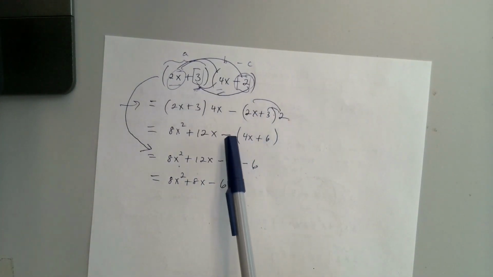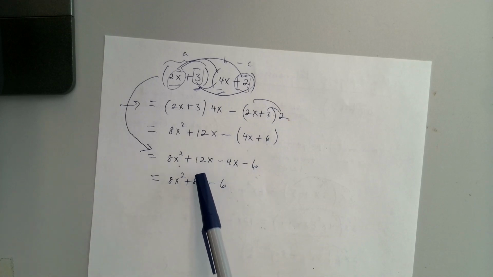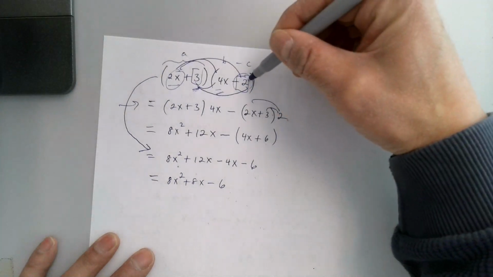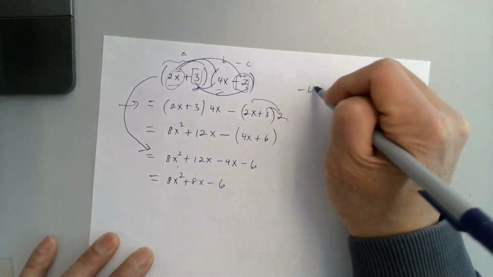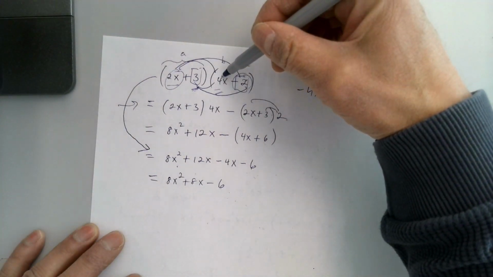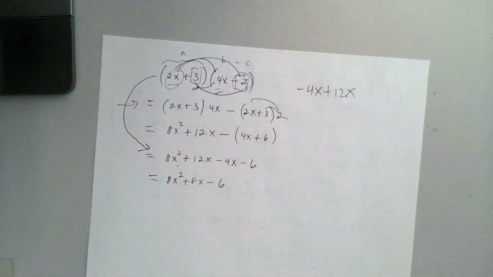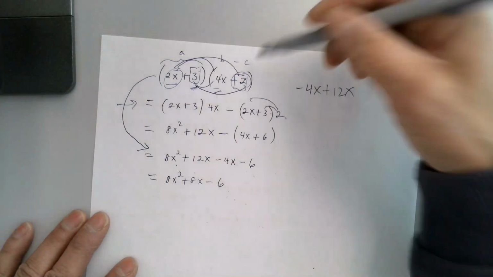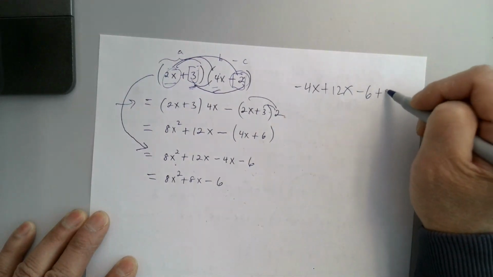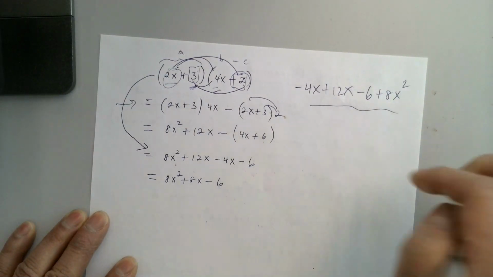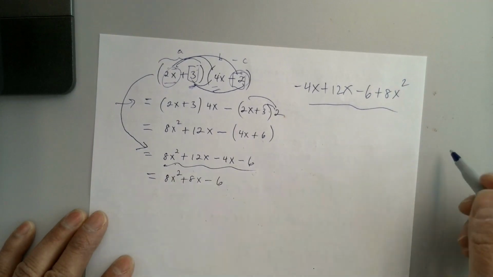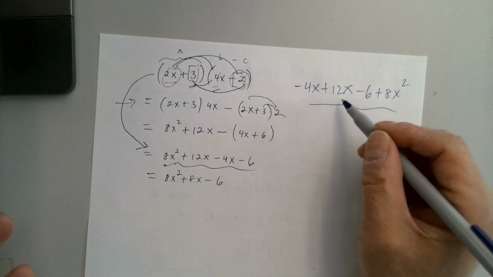You don't have to do it in the order that I did it. So if you feel like doing 2x and negative 2 first, you can do that. If you feel like doing 3 times 4x second, you can do that. And then 3 times negative 2, and then 2x times 4x, you could do that last if you want. You're still going to get the same 4 terms that I have here. And you'll still get the same like terms that you need to combine.